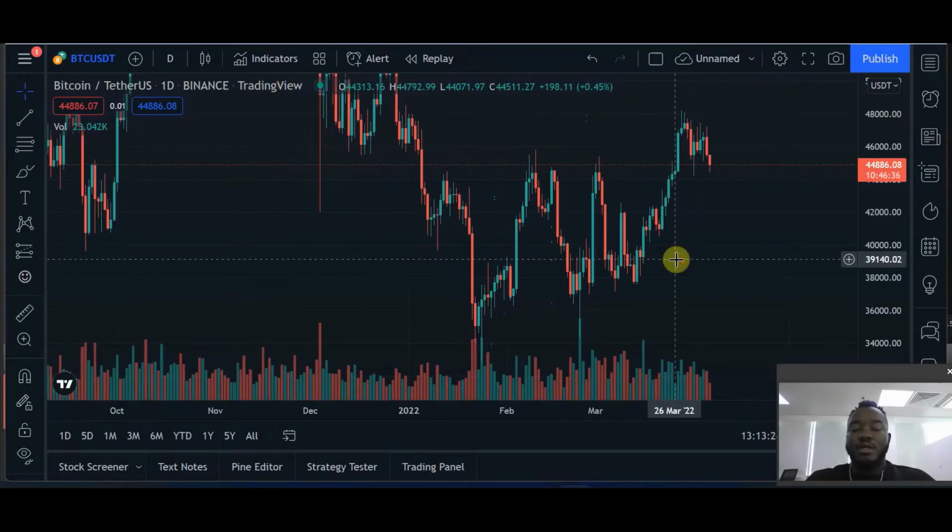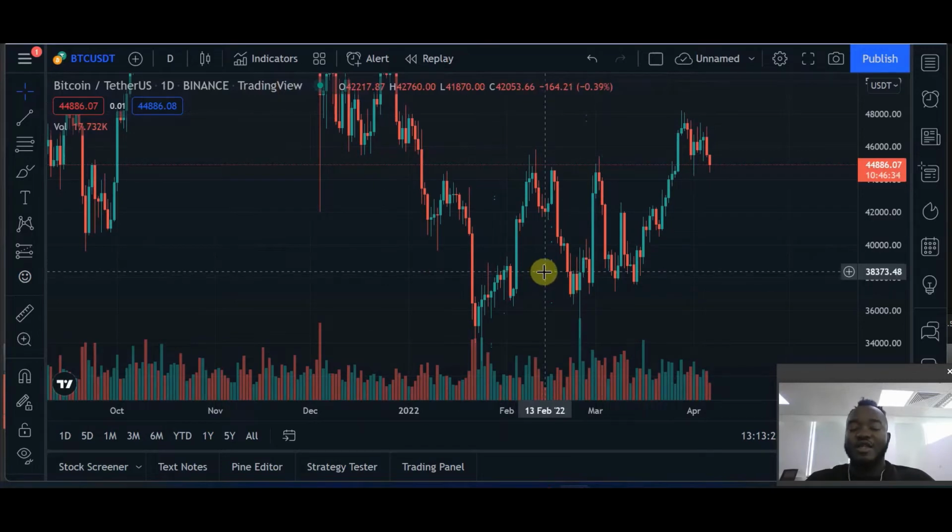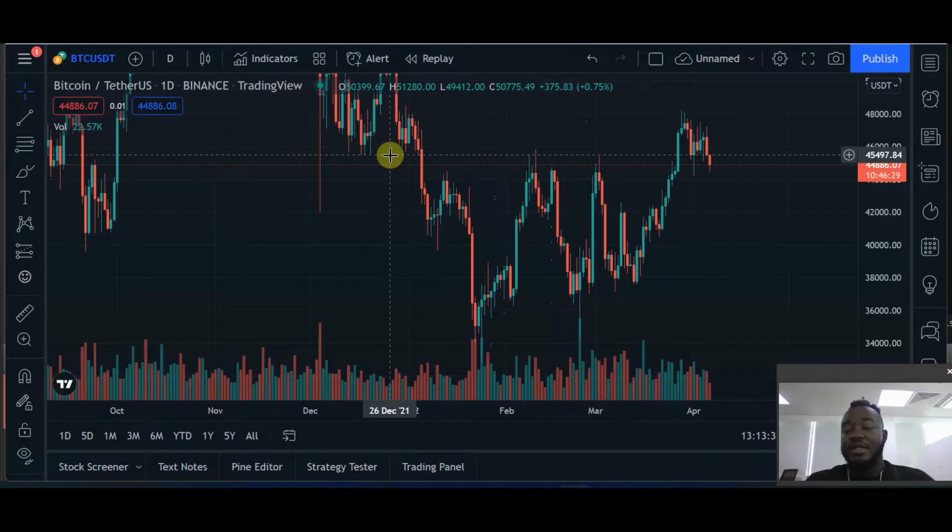When a coin is pumping, there is a certain level that coin will reach and it will start dumping, whether you like it or not. And when a coin is dumping, there is a certain level it will dump to and it will start pumping. What we need is to determine that point where it changes from one to the other.